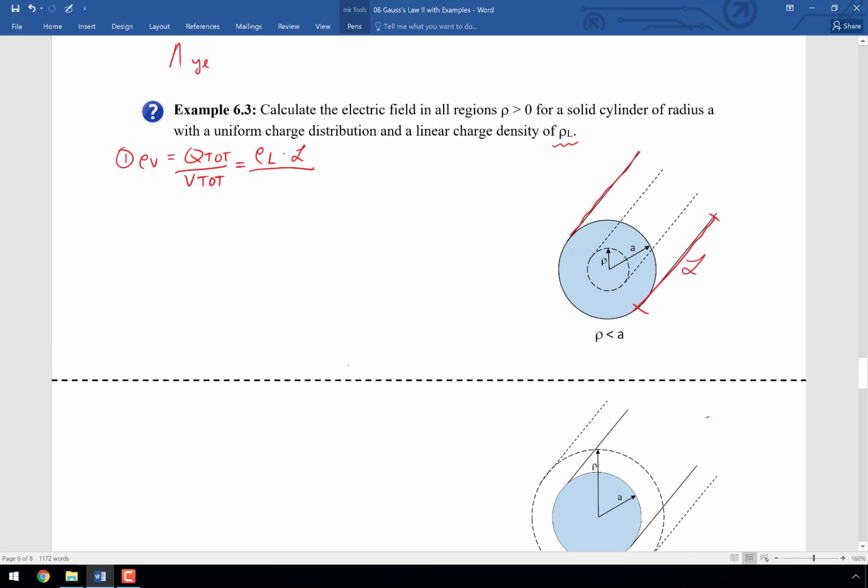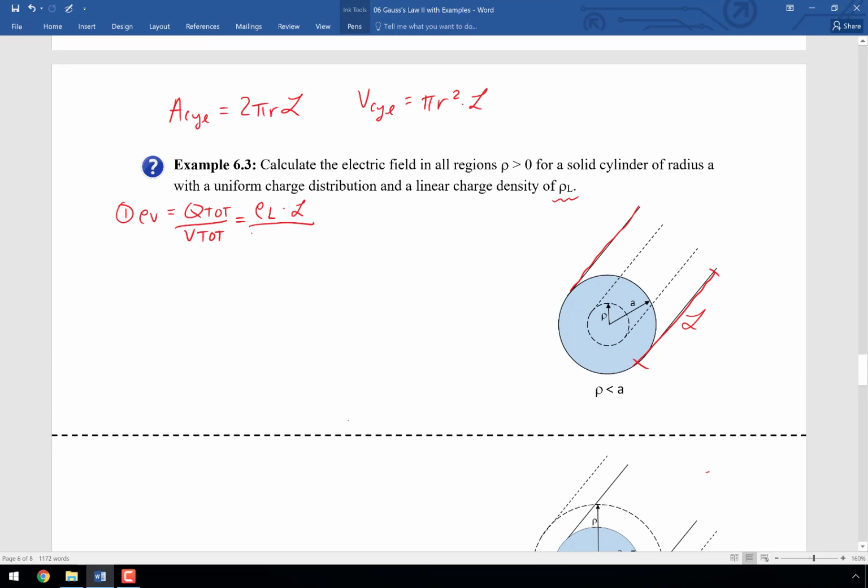Well, we just saw the total volume. It is pi, and what's the radius of this total cylinder? It's A, pi A squared times L. The L's will cancel, as the L's will always have to cancel. Rho sub L divided by pi A squared.